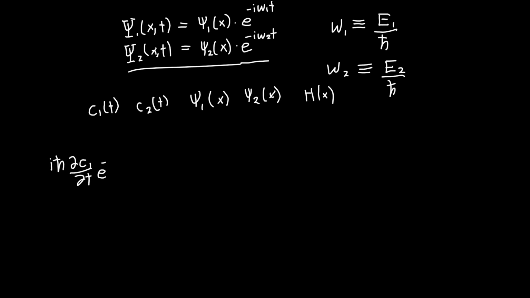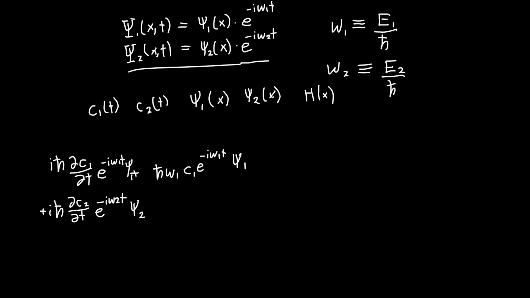So e to the minus i omega 1 t, plus h bar omega 1 c1 e to the minus i omega 1 t times psi 1, plus the two terms that are basically identical that have to do with c2 e to the minus i omega 2 t. Oh, and sorry, this should also have a psi 2. Plus h bar omega 2 c2 e to the minus i omega 2 t times psi 2. Woo! And this is our entire left-hand side of the equation. So this is what happens when you differentiate the total wave function with respect to time.